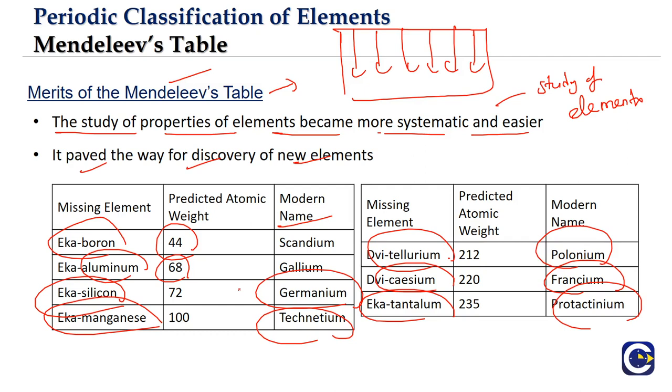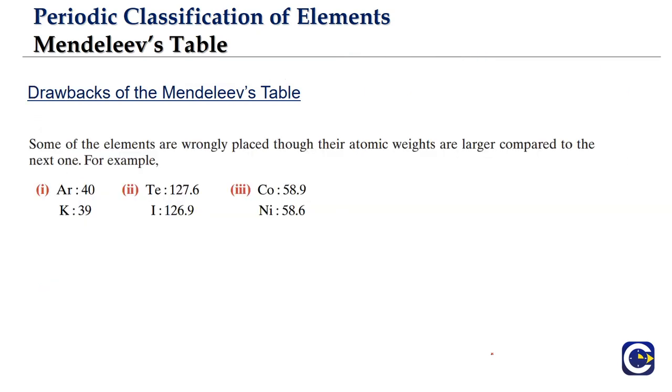There is one more merit of the table: it gave an opportunity for correcting the atomic weight calculations. Some of the atomic weight values could be corrected based on the order in which the elements must appear. So these are some of the merits of the Mendeleev table.